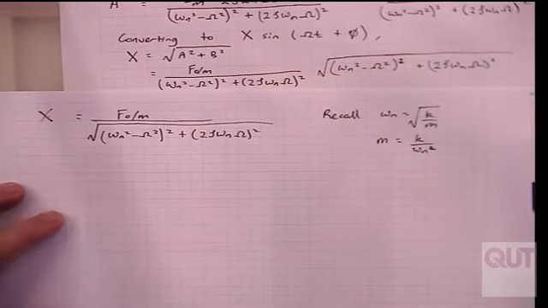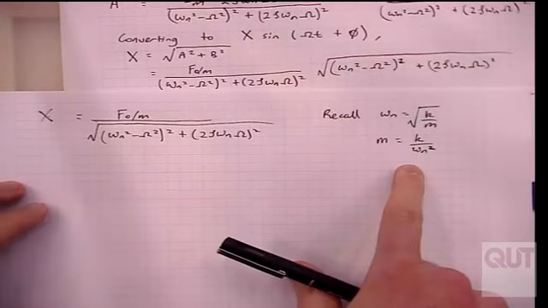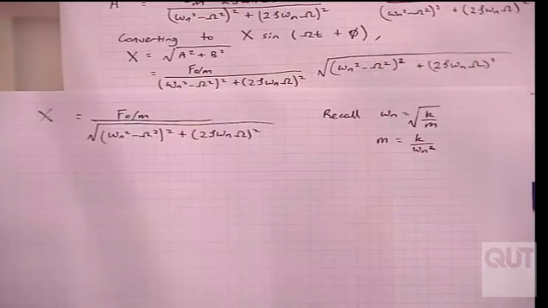So I'll need to replace the M here with K on omega n squared in order for the equation to match those from your lecture slides and from textbooks.